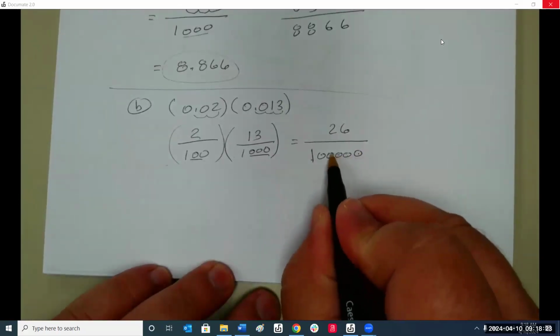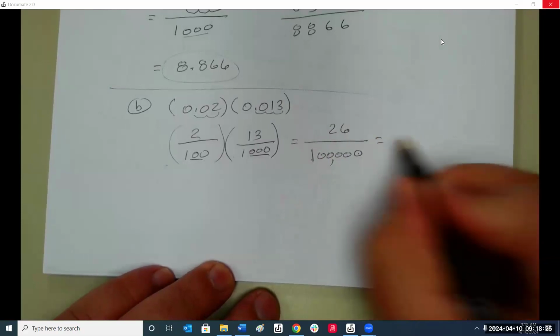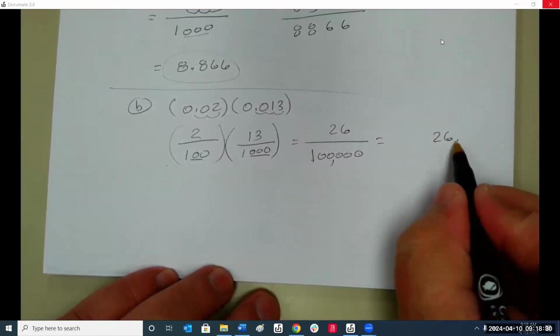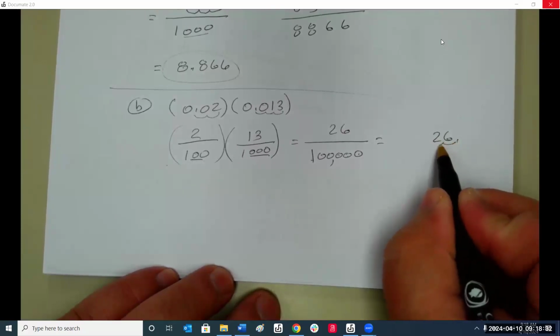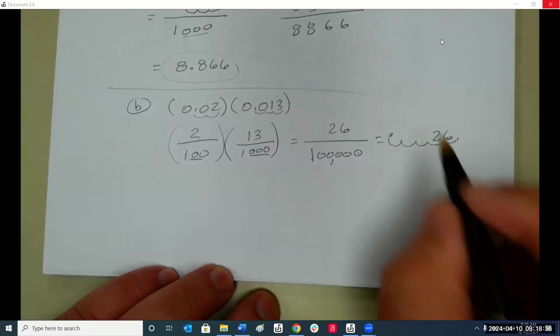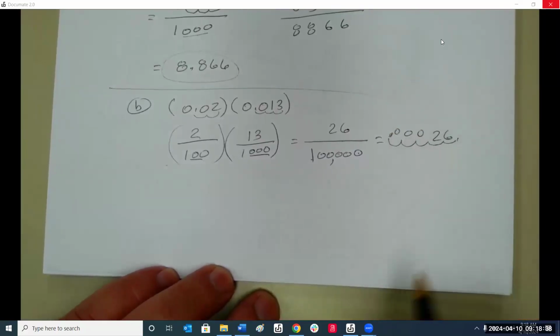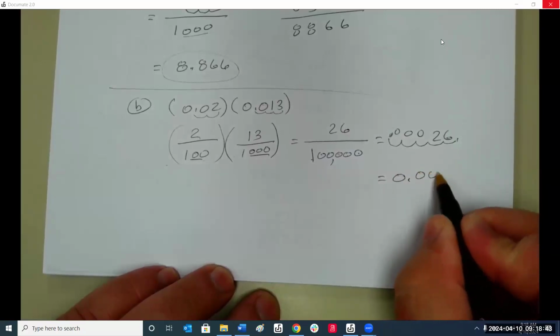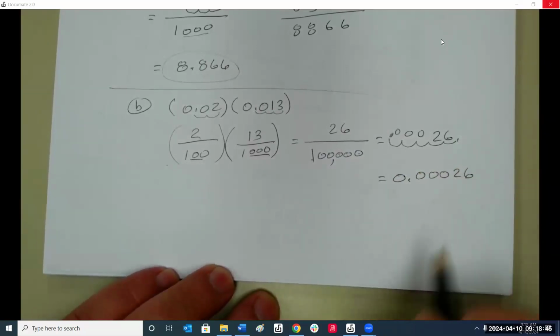So we have 1, 2, 3, 4, 5, which means from 26, we have to move the decimal to the left 5 spaces. 1, 2, 3, 4, 5. So the answer is 0.00026.